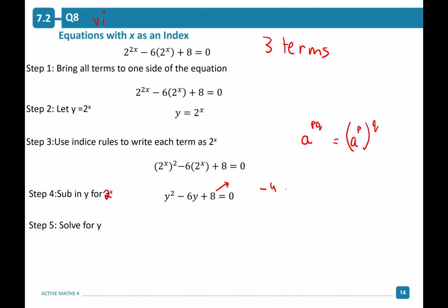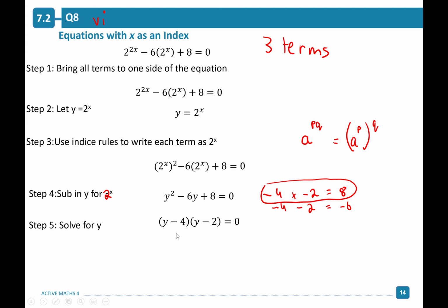So that'll be minus 4 and minus 2. So minus 4 times minus 2 gives me plus 8. Minus 4 minus 2 gives me minus 6. So we want factors that multiply to make your end value and factors that add to make your middle. So my factors are y minus 4 and y minus 2.